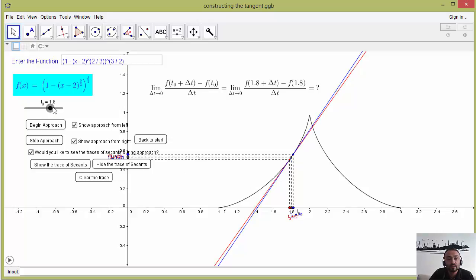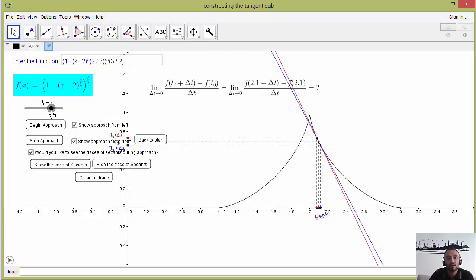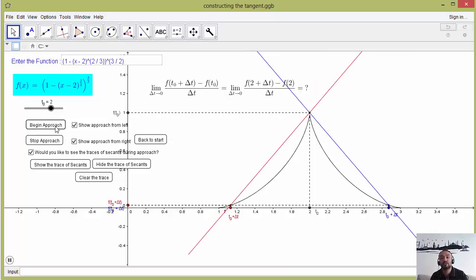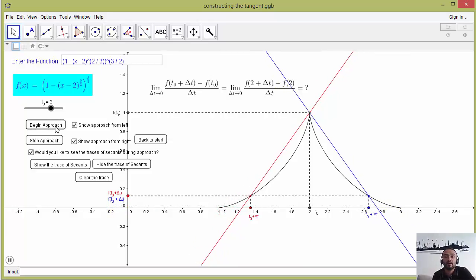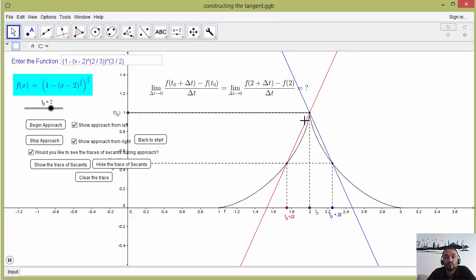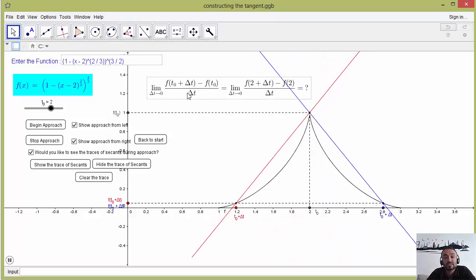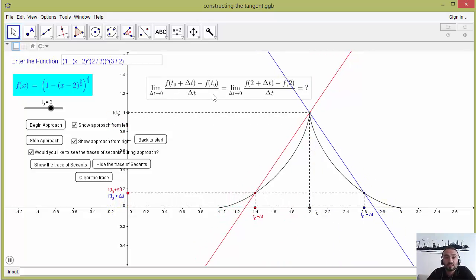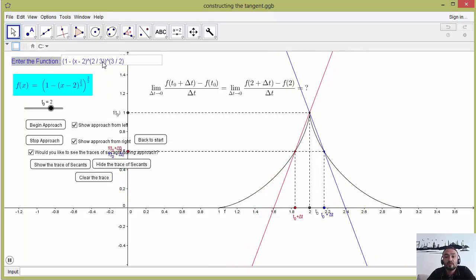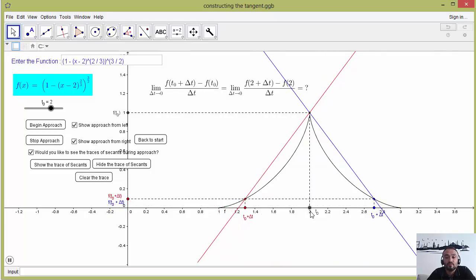But at 2, we cannot mention a suitable tangent of this function. So mathematically, since this limit doesn't exist, this function doesn't have a tangent at the point 2.